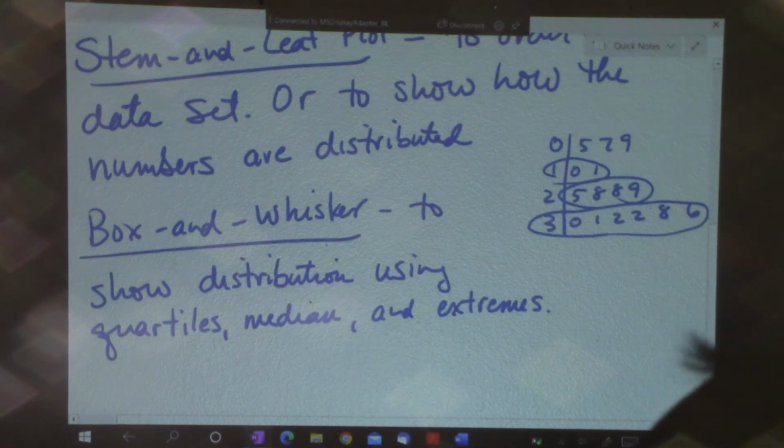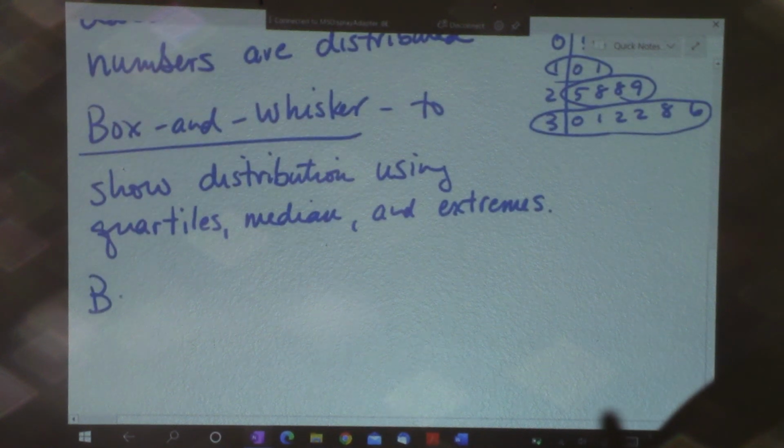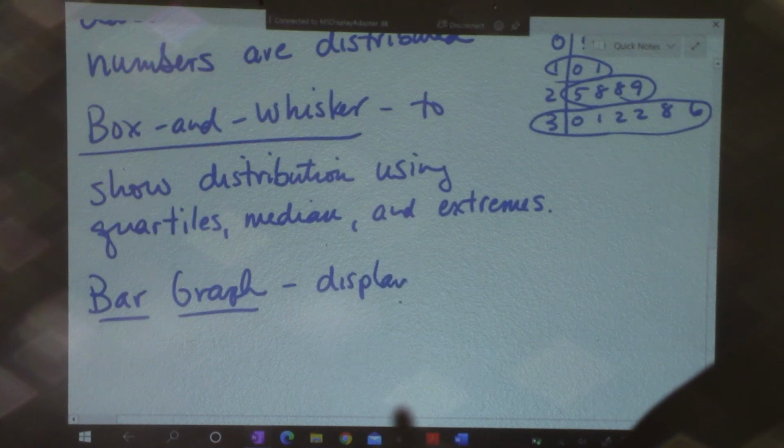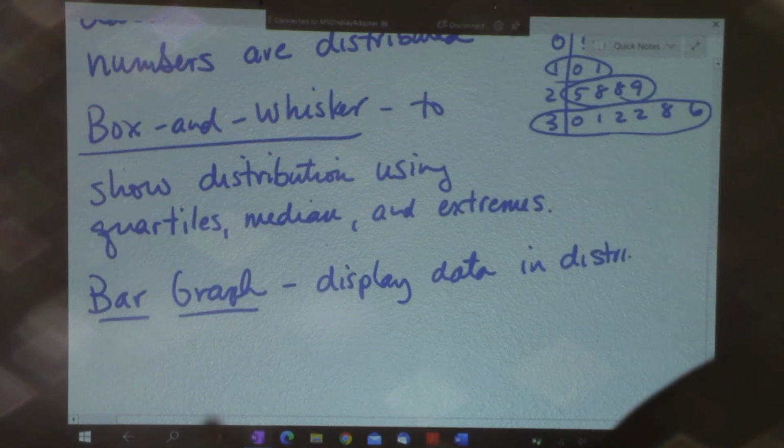All right, a bar graph, we already talked about this, is used to display data in distinct categories.